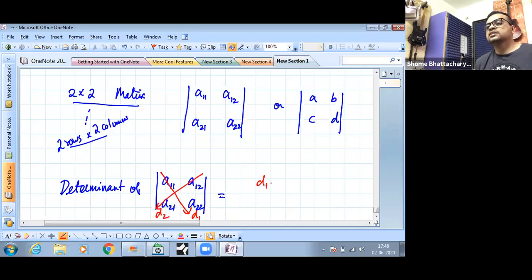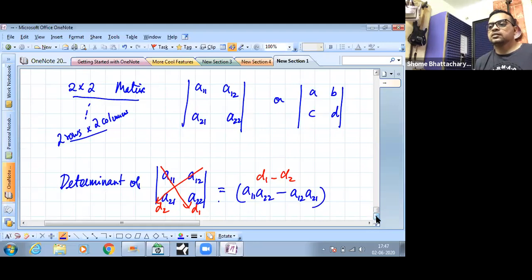So it is d1 minus d2, or it is given by the formula a11 a22 minus a12 a21.